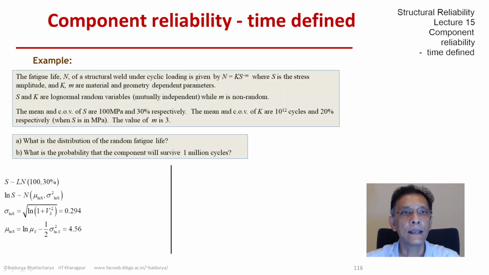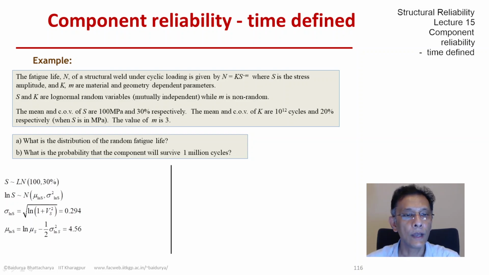S is log normal, so log S is normal with mean mu log S and variance sigma squared log S. And we know these formulas very well. We can derive sigma of log S and mu of log S in terms of the numerical values, and obtain the values as you see on the screen.